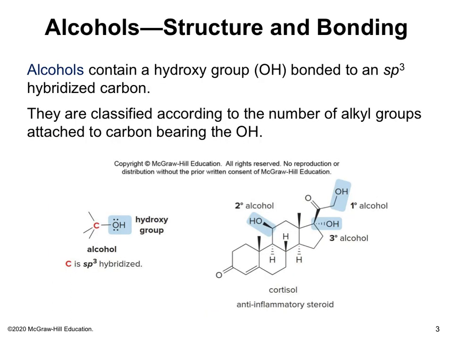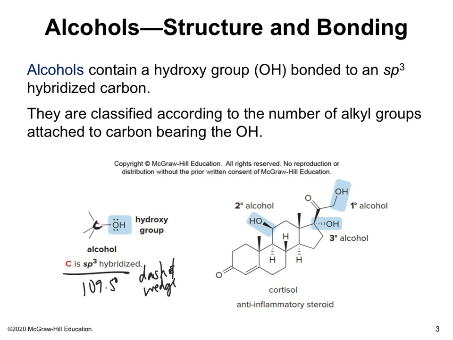Okay, so an alcohol is an sp3 carbon. So those are 109.5 degree bond angles, and they typically have a dash and a wedge if it's a stereocenter on the carbon.